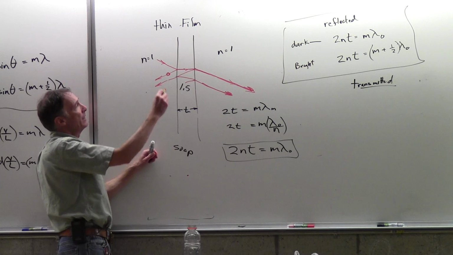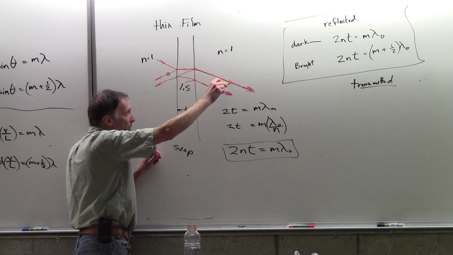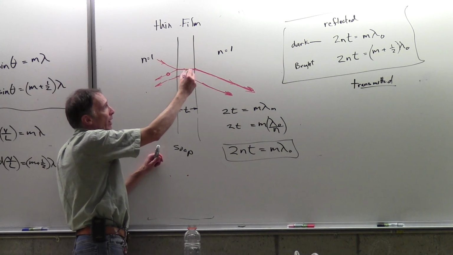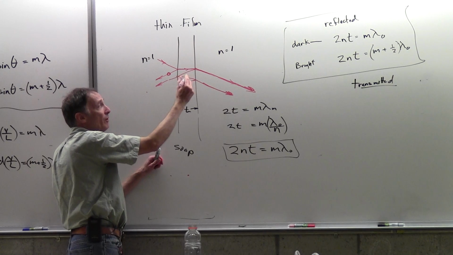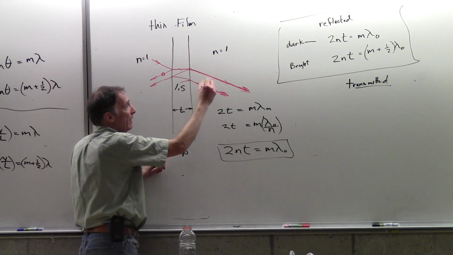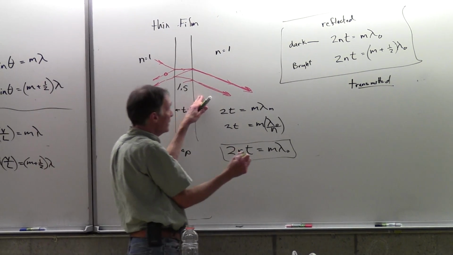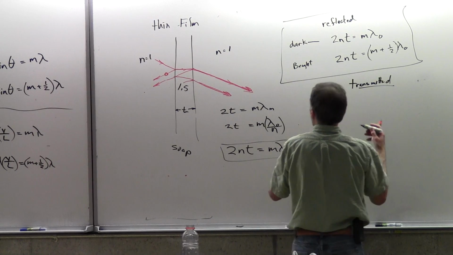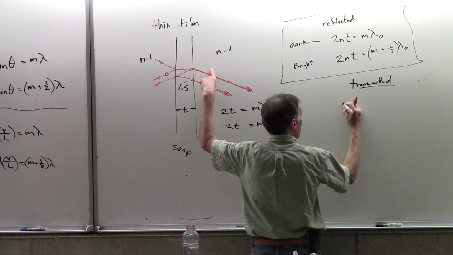In these two rays, I had no phase change as it's going through. On reflection, since I'm going from a high index to a low index, there's no phase change here. So both of these are going through, and there's no phase change between these two. So the transmitted ones are in phase, so this is going to be bright.